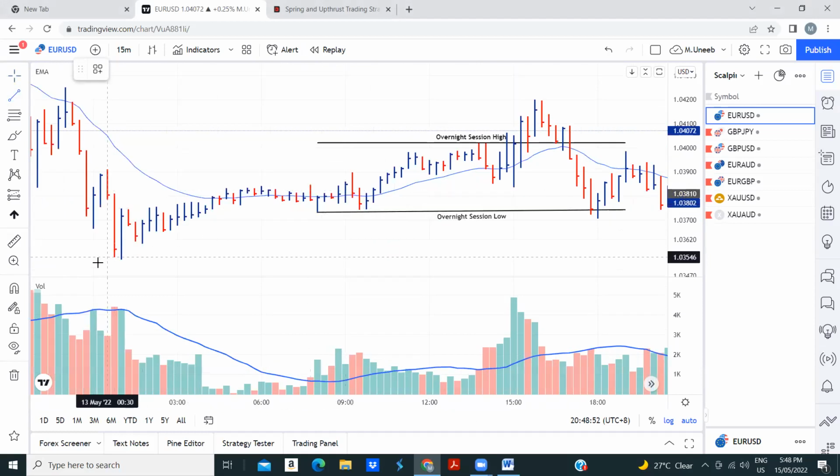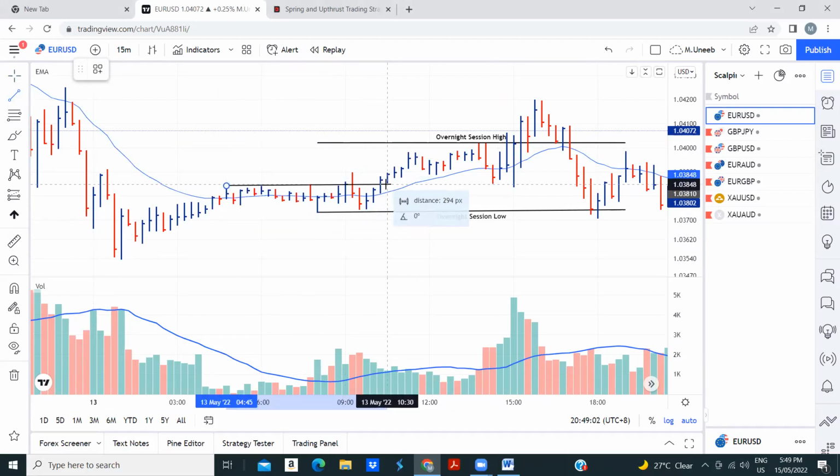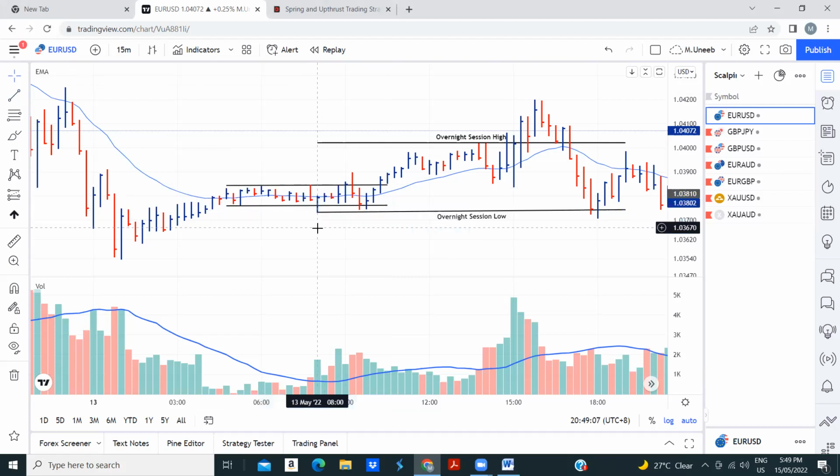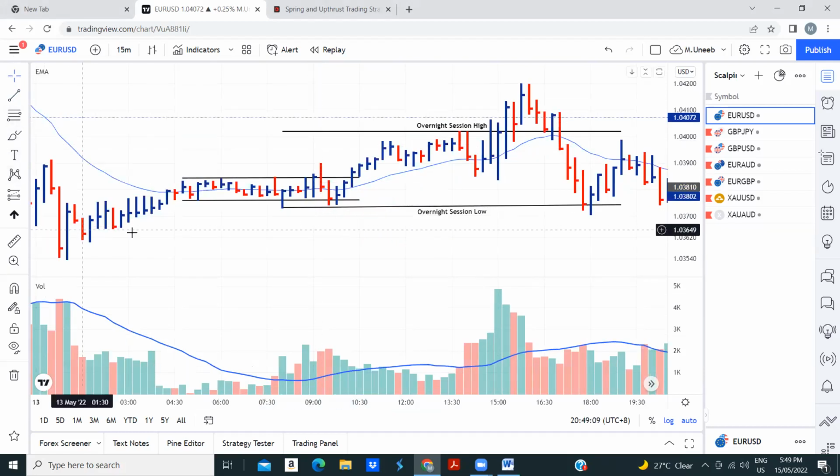Right now, what we observe here is a trend. During this session, what can we call this part here? Range? We can call it reaccumulation, right?